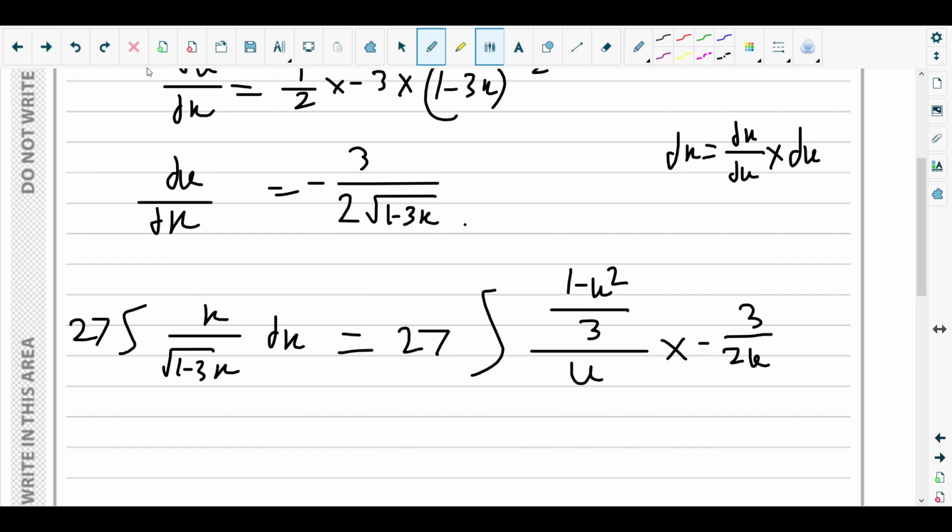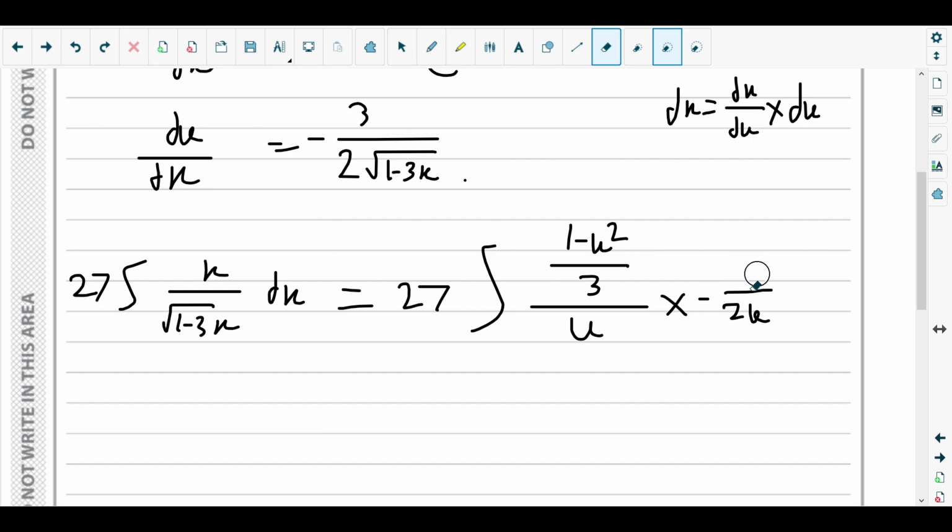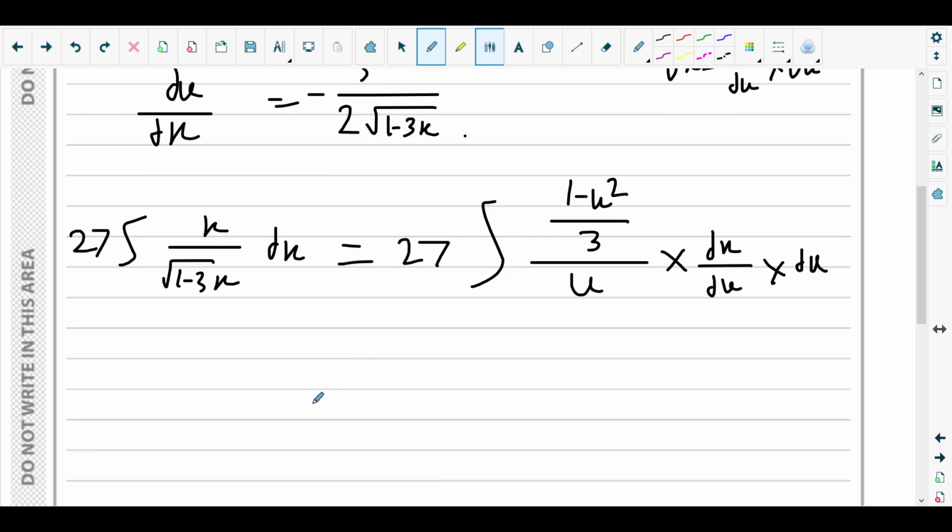Let me erase that. So if you invert it, we can write dx over du times du. Let me write it, it will be better.